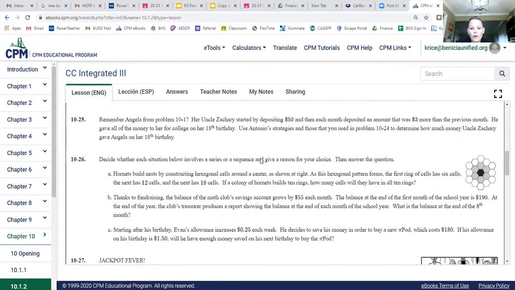If a colony of hornets builds 10 rings, how many cells will they have in all? So is this a series or a sequence? Please let me know what you think in the chat. We want to know how many cells they will have in all 10 rings.